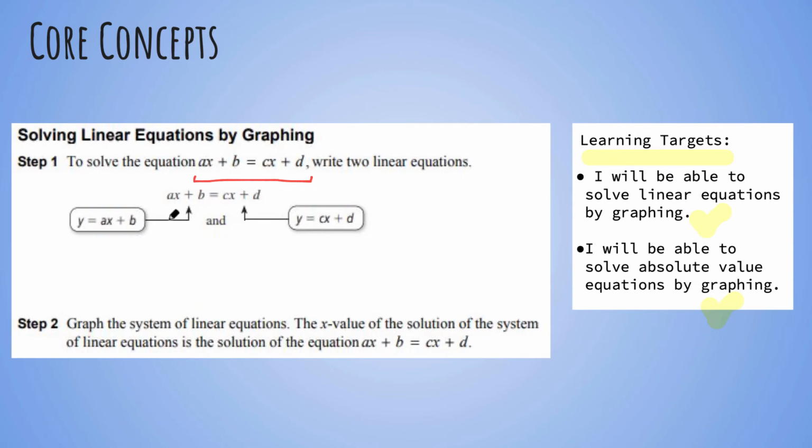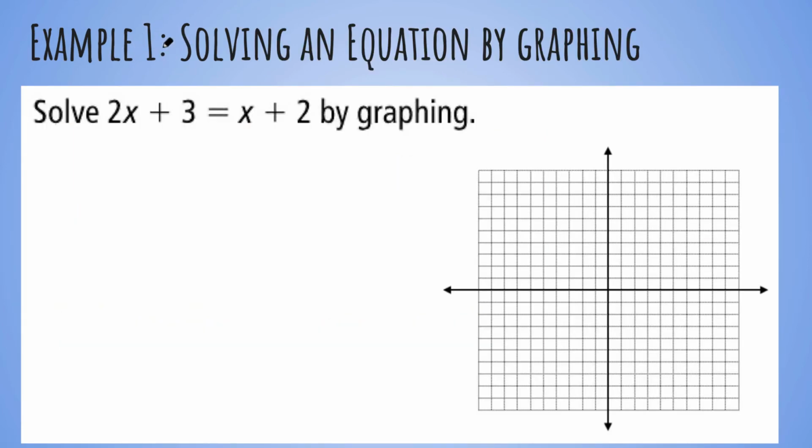So the left side, where we have ax plus b, we're going to set it equal to a y value. And then on the right side, we're going to set that also equal to y. So now we have two linear equations, and this is a system that we've solved in the past. So we're going to graph each of these, and then the x value from the left will equal the x value from the right.